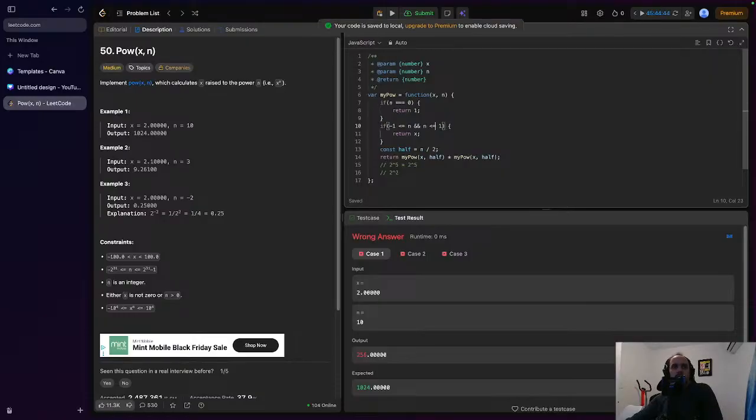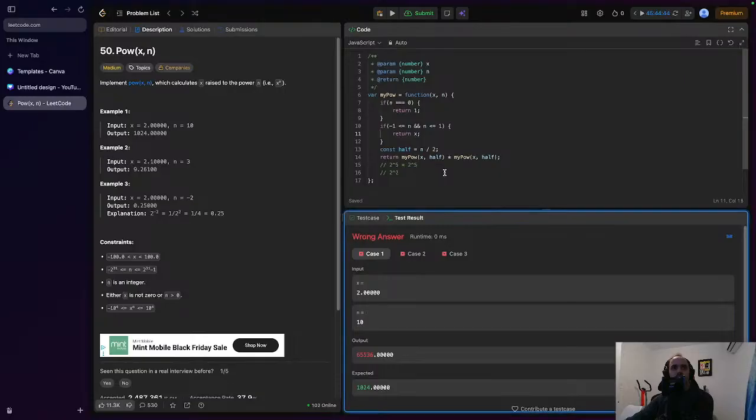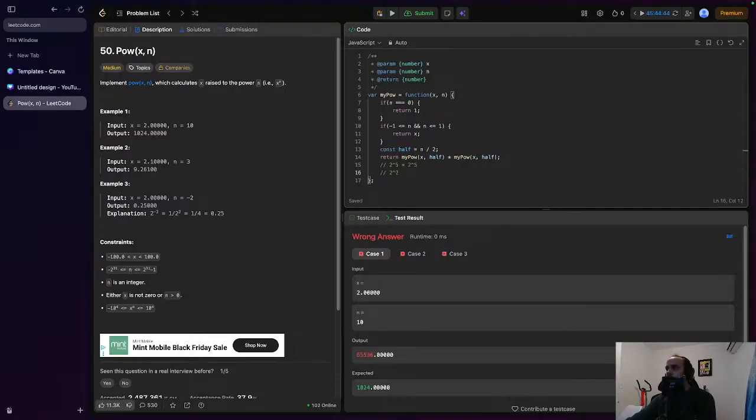We'll do this instead. Try running this. Still not handling decimals or negatives. Are we multiplying out? Yeah, 256 by 256.